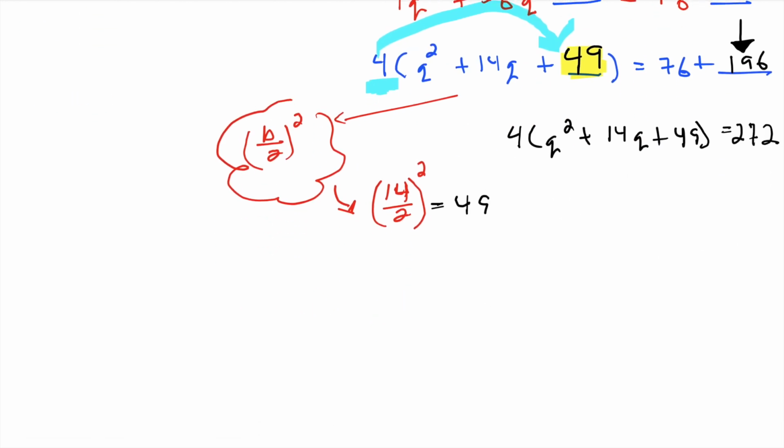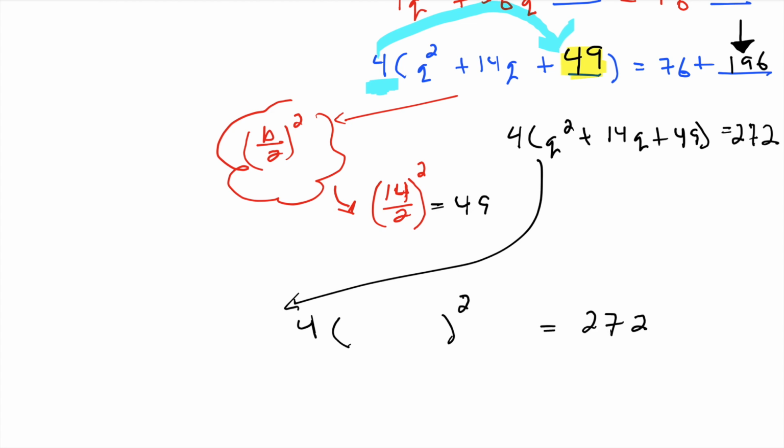Now it's business as usual. Just keep the 4 out here the whole time. So we're going to factor this, but we've just created the easiest problem in the world to factor.